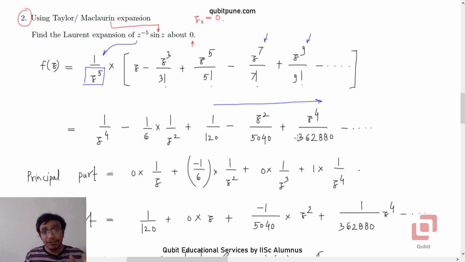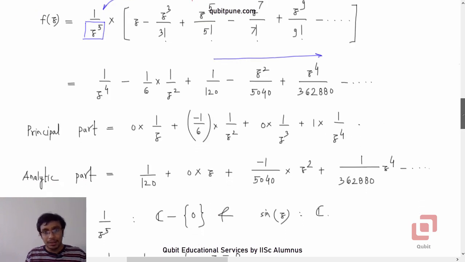Which means in the Laurent series expansion of the given function, that is sin z upon z to the power 5, the singular part or the principal part consists of only two terms. Those two terms are 1 upon z to the power 4, hence b4 is equal to 1, and negative 1 upon 6 into 1 over z squared.